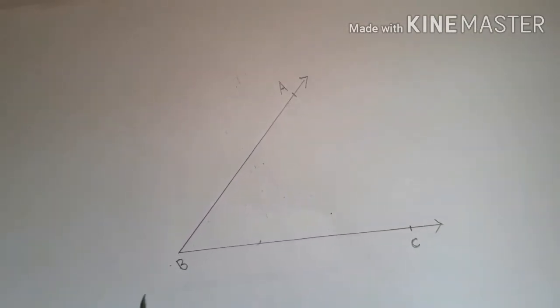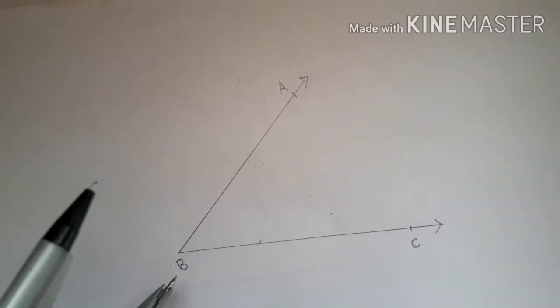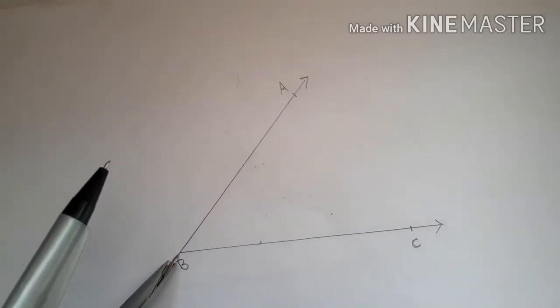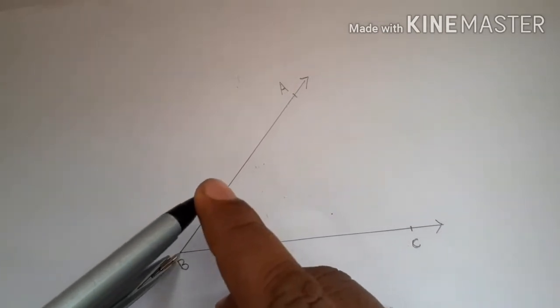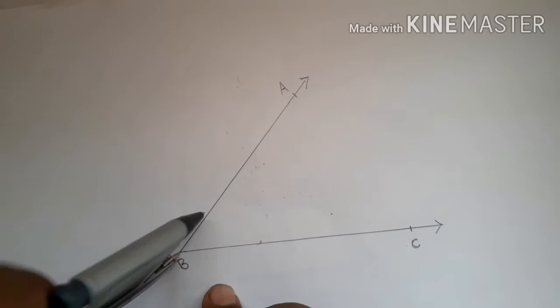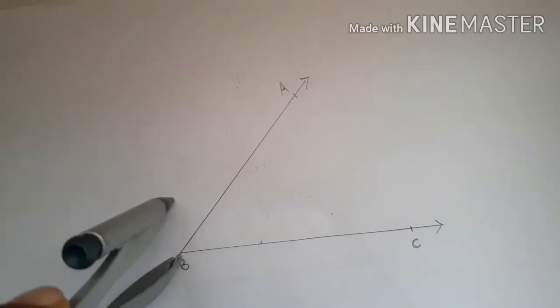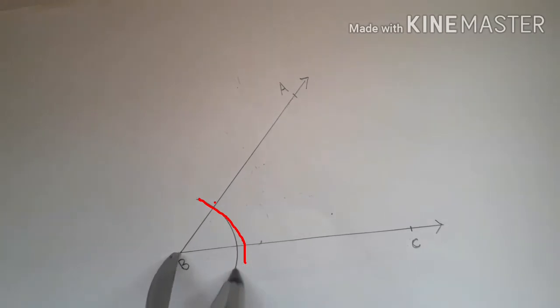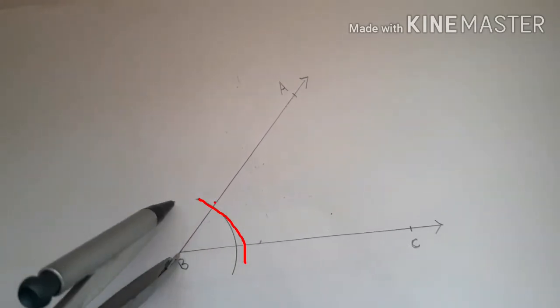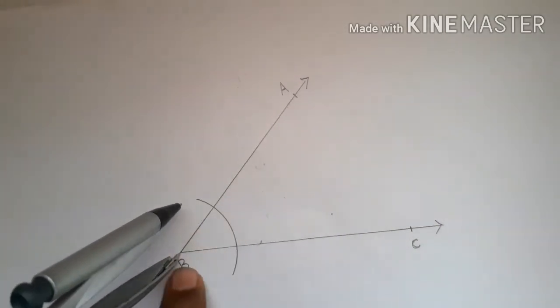For that, what we have to do, we have to keep this metal point on the vertex of the angle and, taking a convenient, sufficient distance, we have to cut these two arms of this angle, arm BA and arm BC.